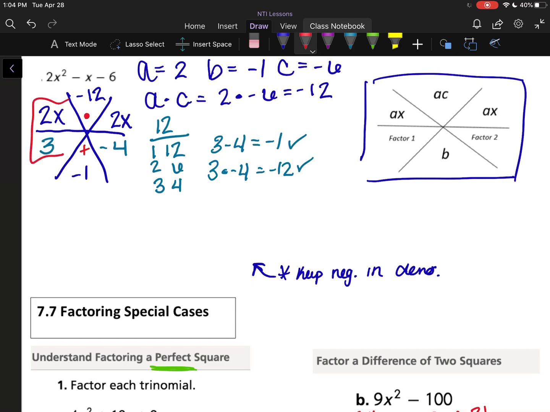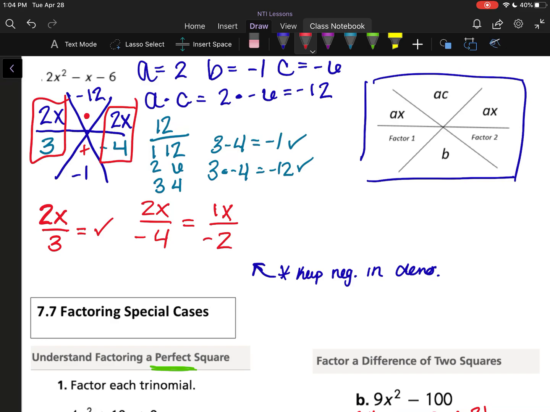So let's look at these fractions. 2x over 3. Can we simplify that? Nope, it's in simplest form. Let's try 2x over -4. We can simplify that into 1x over -2, and we've got a note here: keep the negative in the denominator.